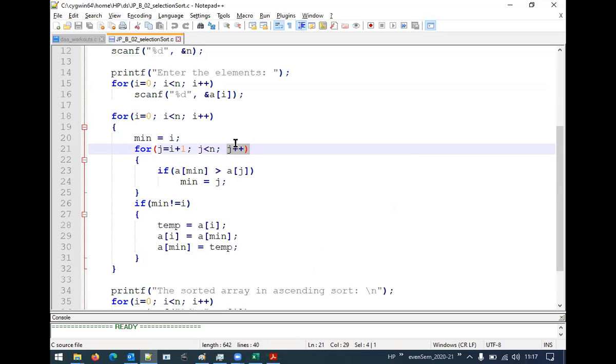First is what? Initialization, then condition, then if the condition is true, it will enter into its body and execute all the statements. After executing its body, increment or decrement, that is the counter. After the counter is done, where will it go?